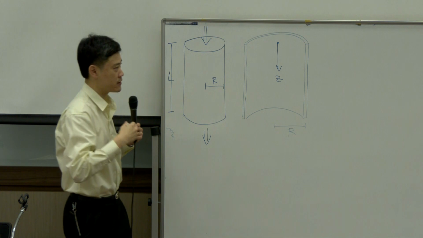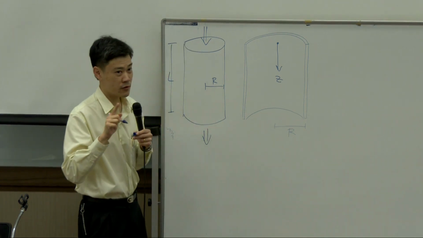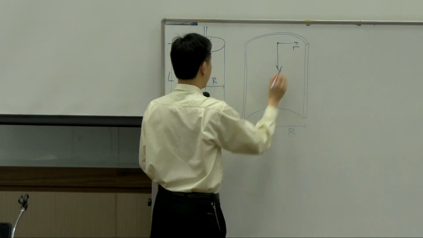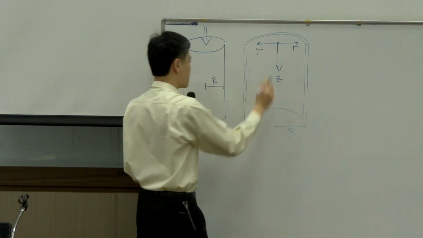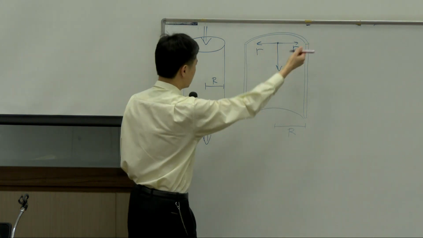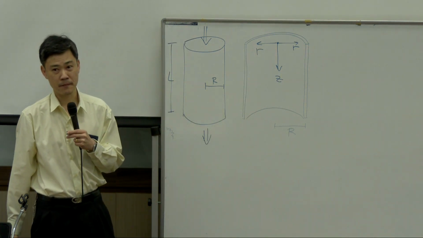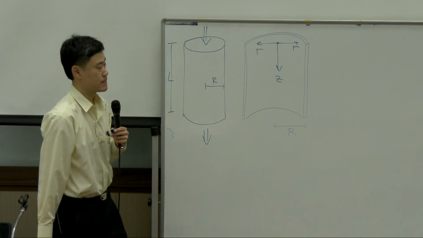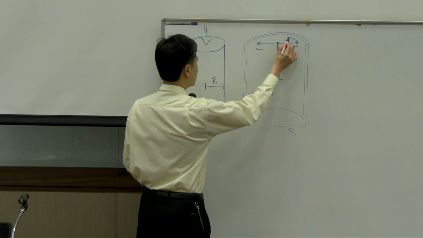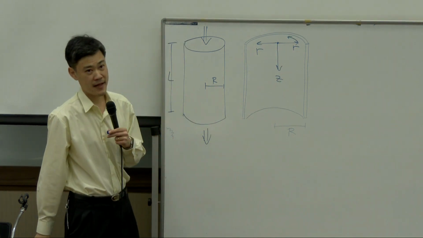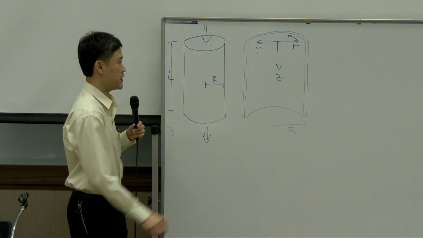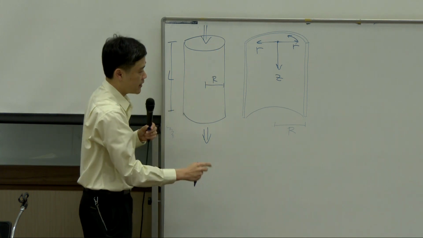In cylindrical coordinate, r goes from the center. So this is r. This is also r. Anything going outward is r direction. What about theta? Theta is something going this direction. That's theta. So we set up the axes already.